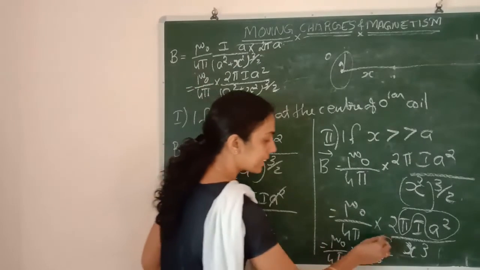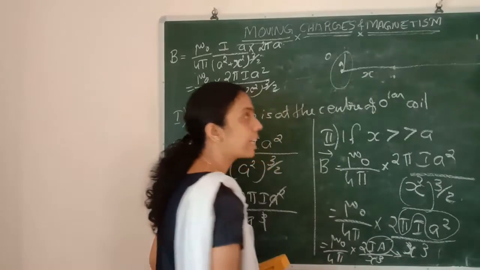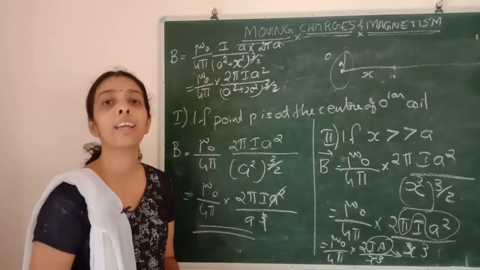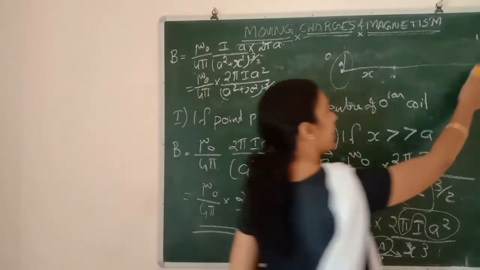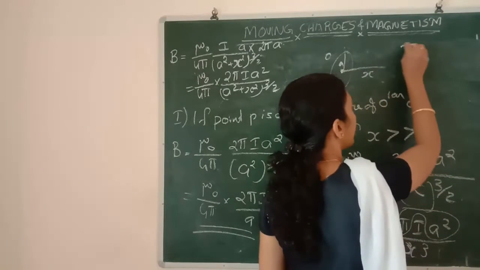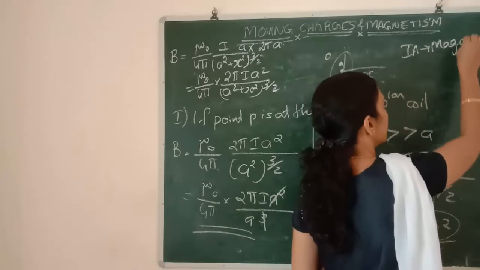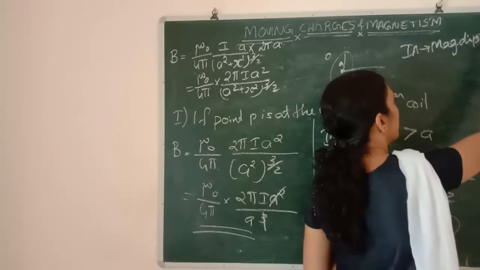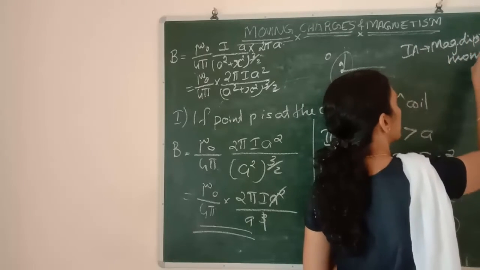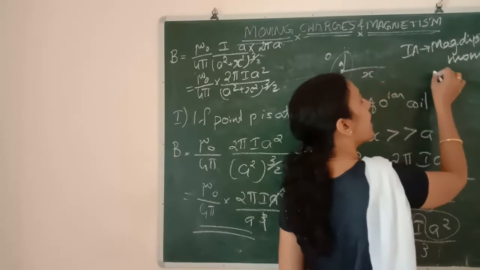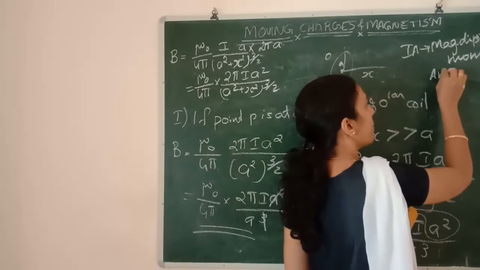This I A is called the magnetic dipole moment. Okay, so what is this I A? I A is called the magnetic dipole moment. So what will be the unit of I A? I A is ampere meter square.